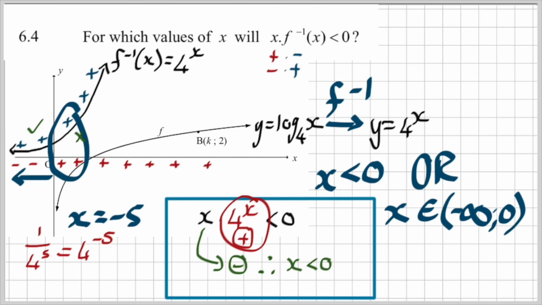But wait, sir, that's exactly the same answer I got there. Exactly, matriculants. Whichever method you use, that is your choice. But have two alternatives for those of you looking for your distinctions, because you never know which one is going to be needed for the exam.